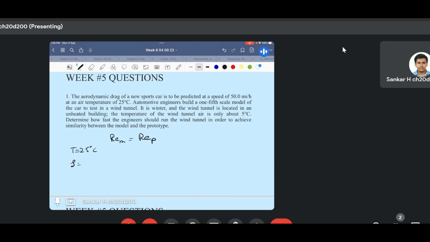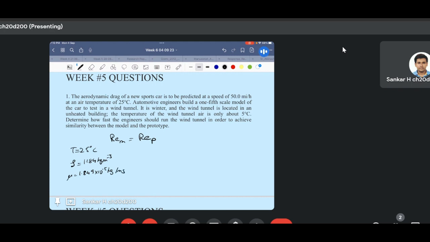From that, at a temperature of 25 degrees Celsius, I obtained the density to be equal to 1.184 kilogram per meter cube, and the viscosity to be equal to 1.849 into 10 raised to minus 5 kilogram per meter second.